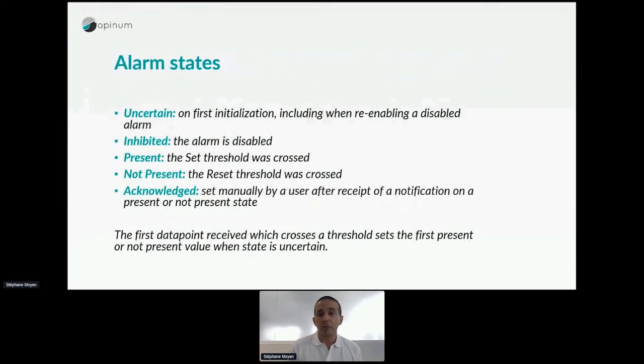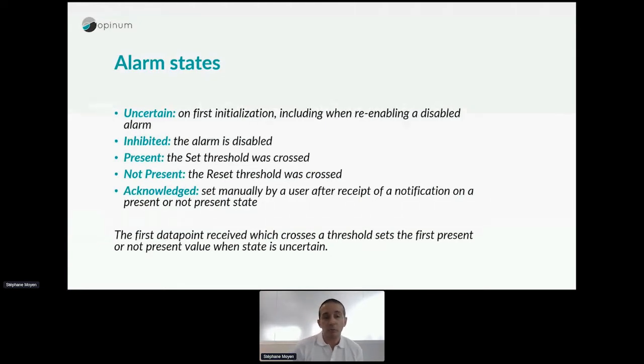An alarm is also characterized by states. There are a few states that you can have for alarms right now in the product. The first one is uncertain, and it is the first state that you will have on initialization. This includes when you disable and re-enable an alarm, the state of the alarm will be reset to uncertain, because we don't know what the state of the alarm is at that time. You can have an inhibited status, which is when the alarm is disabled.